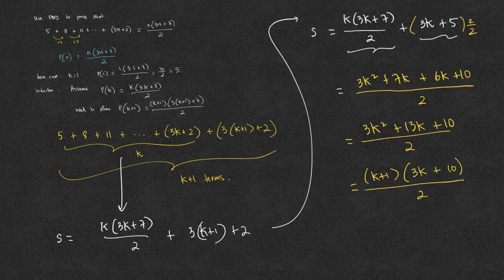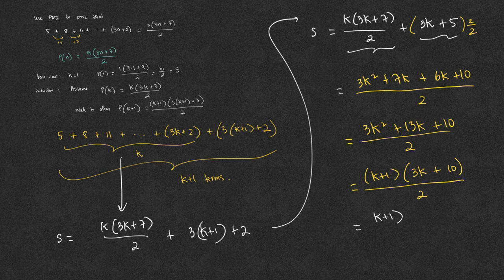To show that this statement is true for the k plus 1 terms, we need to have k plus 1. Again, this is what we need to show. We need to have (k + 1) times 3 times the quantity (k + 1) plus 7. We then manipulate it to make it look like the case k plus 1.